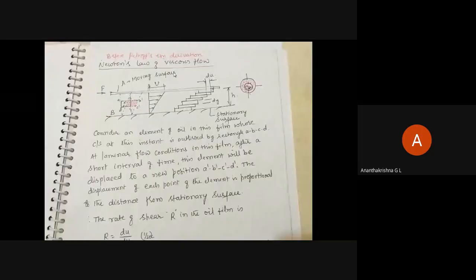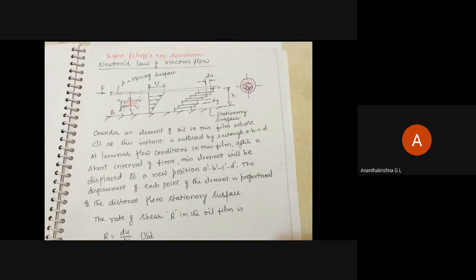Can you see the Newton's law of viscous flow screen here? Okay. So what we have learned here is that we have a journal, which is essentially a shaft, and a bearing, which is a hollow member. In between we have a fluid.